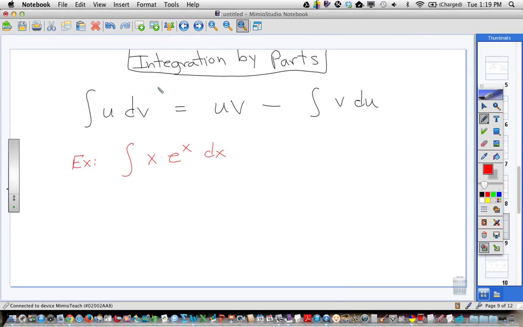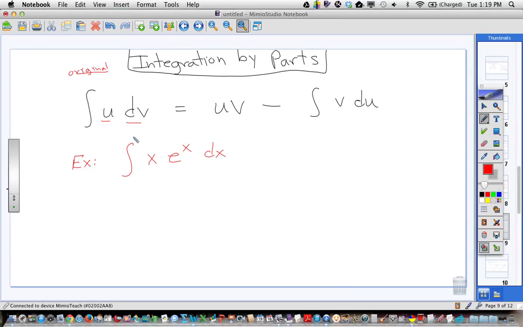All right, so what we're going to try to do is make it match this. This side is our original. So the left side here is our original integral that we're starting with. Now, it's made up of two parts. Maybe that's why it's called integration by parts. It's made up of the u and the dv.